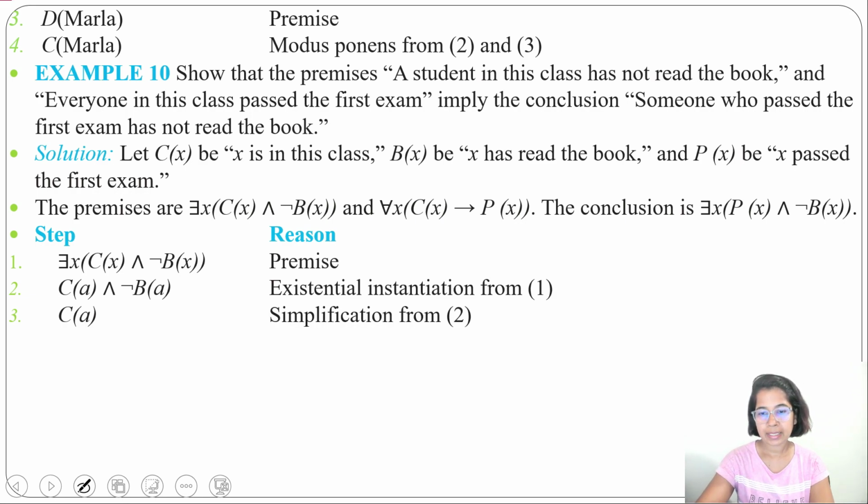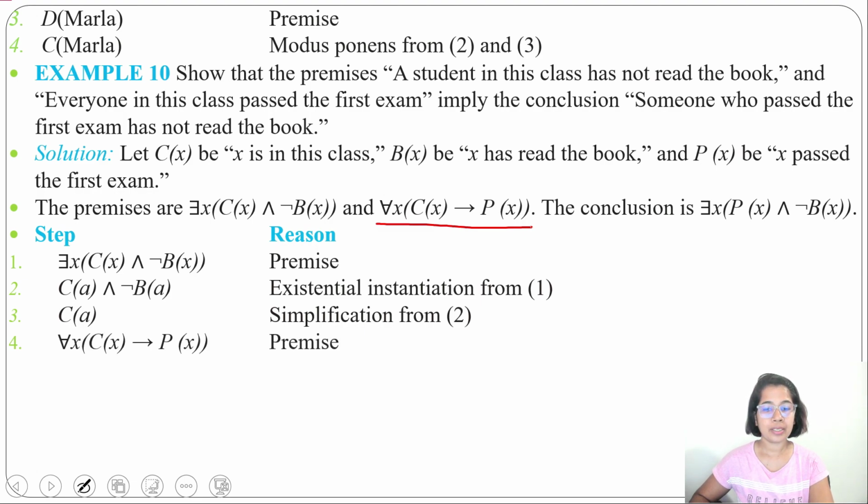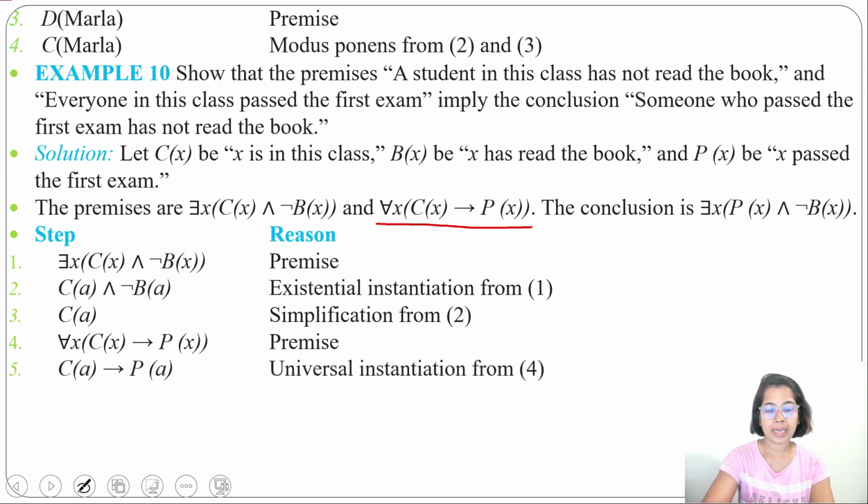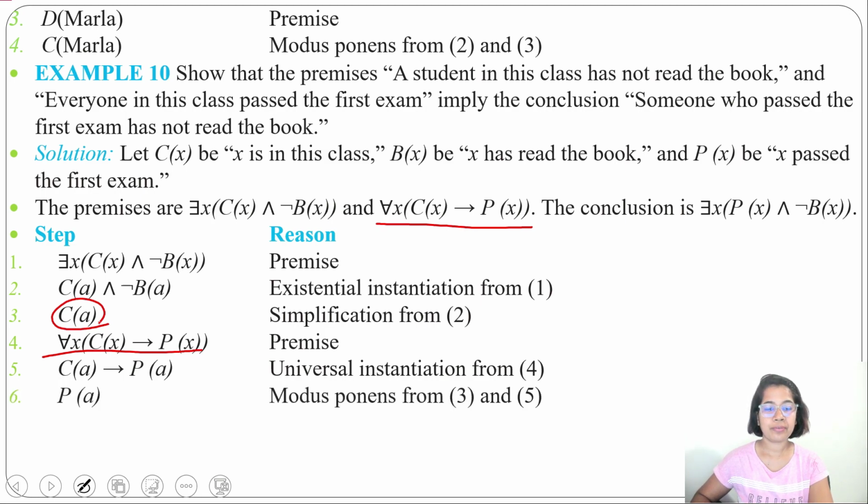The next premise is for all x, C of x implies P of x. We can use universal instantiation. So C of a implies P of a. Here C of a is true, so P of a is true by modus ponens from 3 and 5.